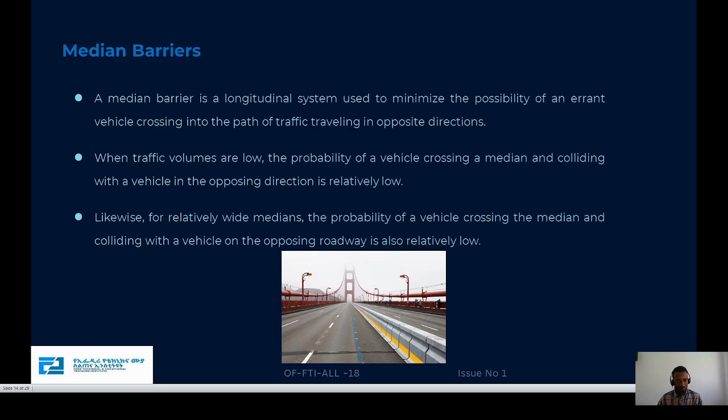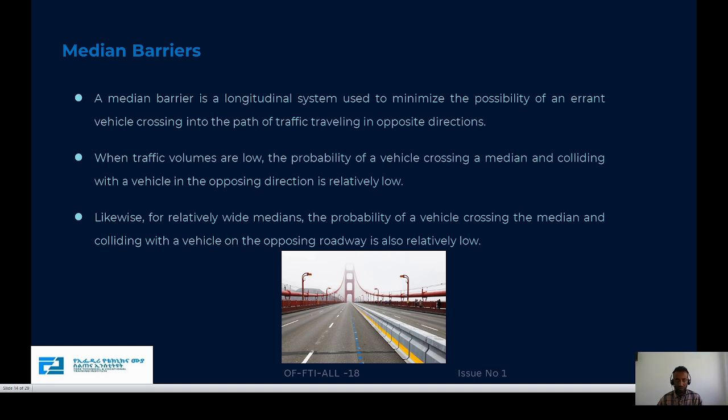And the other is the median barriers. The median is very important to separate the opposite directions. Placing median barriers is a longitudinal system used to minimize the possibility of errant vehicles crossing into the path of traffic traveling in the opposite direction.